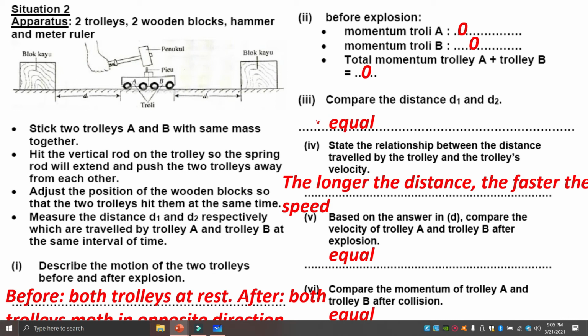After the collision, since they move with the same velocity, and of course they have the same mass, the momentum of trolley A and trolley B is the same too. But the difference is they move in different directions, so one should be negative.